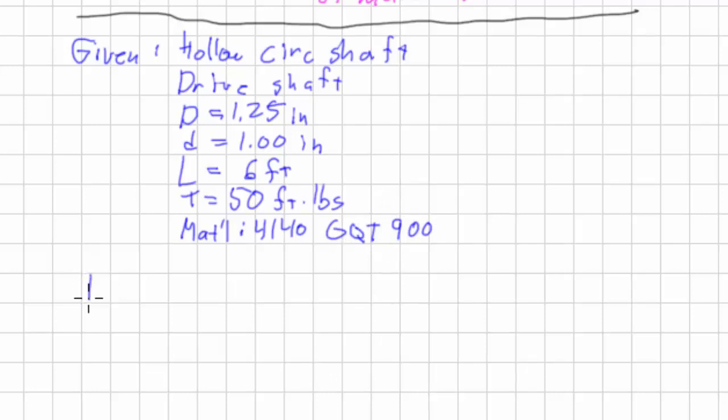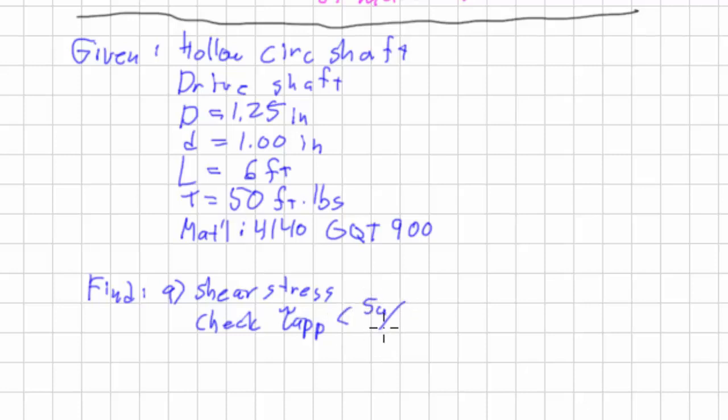We're supposed to find a couple things. A, the shear stress developed here, and also check to make sure that the applied shear stress is less than the ultimate strength divided by 12.